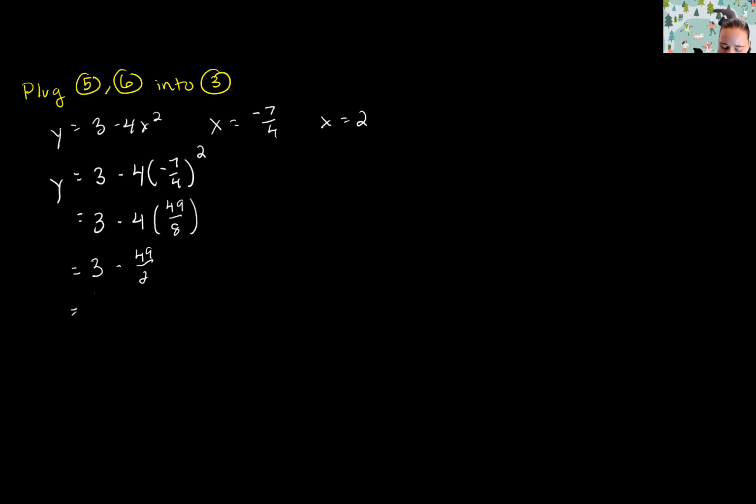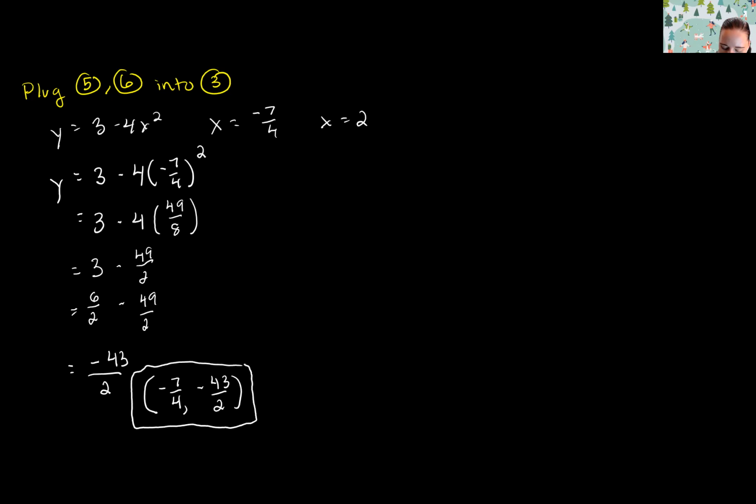The 3 I need to write as a denominator of 2, which is 6 over 2. So we have 6 over 2 minus 49 over 2. And then this gives us negative 43 over 2. So one of our ordered pairs is negative 7 over 4, negative 43 over 2. So that is one solution, assuming that I didn't make any arithmetic errors here.